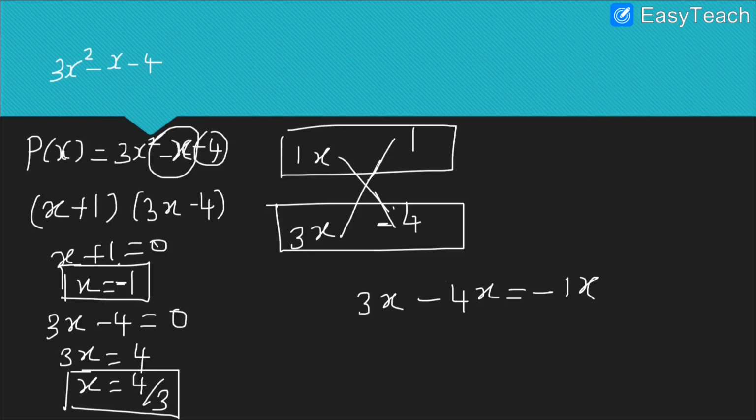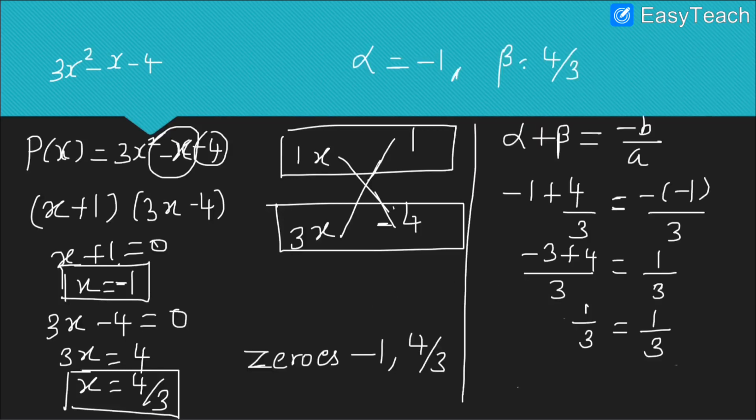The next part, verify the relationship. For the sum of zeros alpha plus beta, I substituted the values for alpha and beta, and on the other side for b and a I substituted the values. And the product of zeros alpha beta equals c by a.